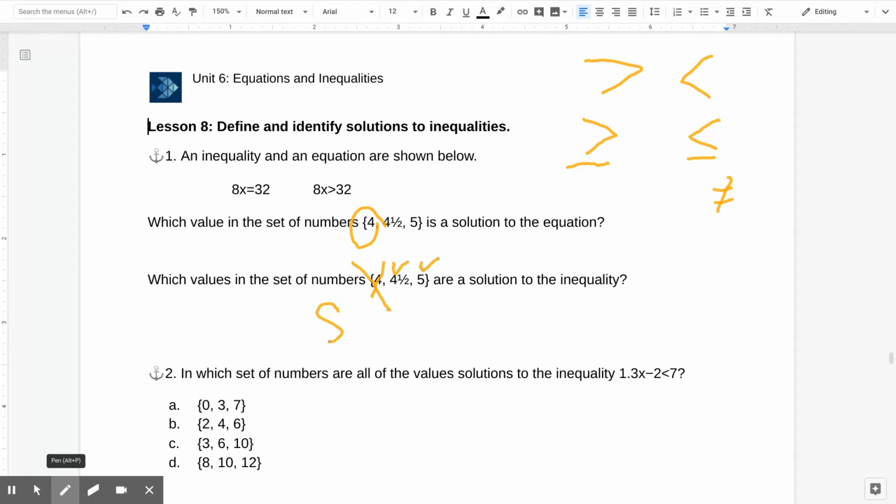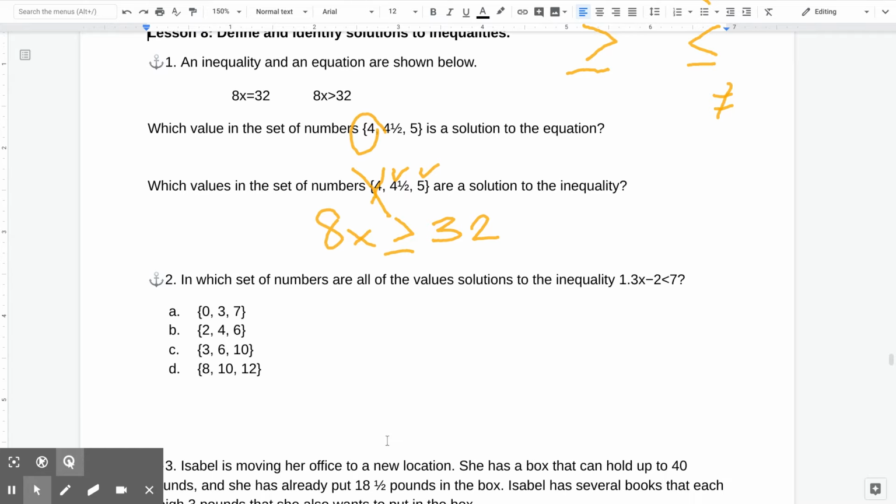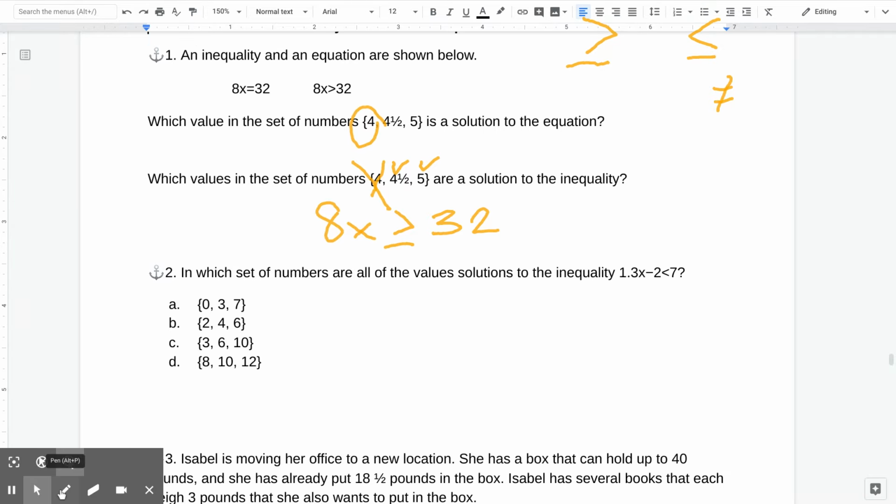Interestingly, if we had said 8 times x is greater than or equal to 32, then all of those items in the set would be a solution to that inequality. It's really helpful to be looking at sets of numbers and trying to figure out what makes solutions to inequalities to kind of get a handle on what they mean.